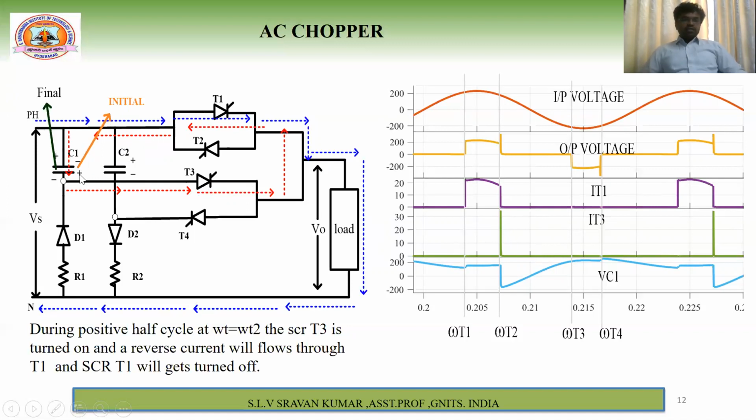One is that the current reaches 0, and the other is reverse voltage. See, this negative voltage is applied to the anode and positive voltage is applied to the cathode, therefore it will be turned off. Understand what I am saying? So at this moment, because the T3 current is greater than the T1 current, your T1 will be turned off. And within a short time, these two are in the on state. Because of that short circuit, the current will immediately rise and immediately fall to 0.